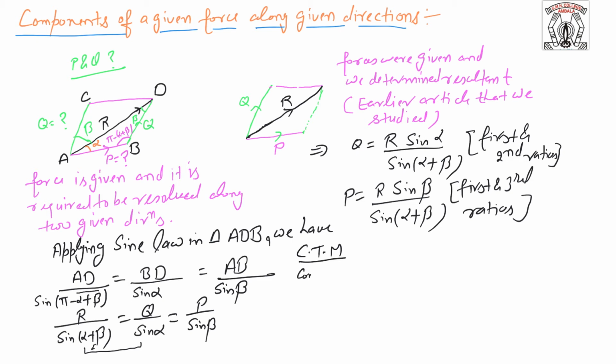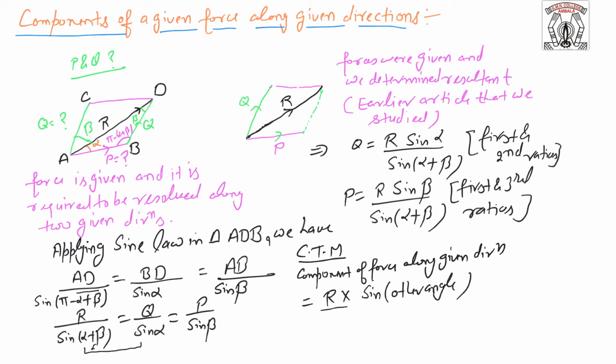Component of force along a given direction is equal to R into sine of the other angle, divided by sine of the sum of angles.